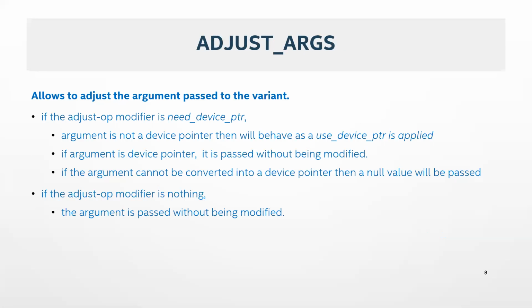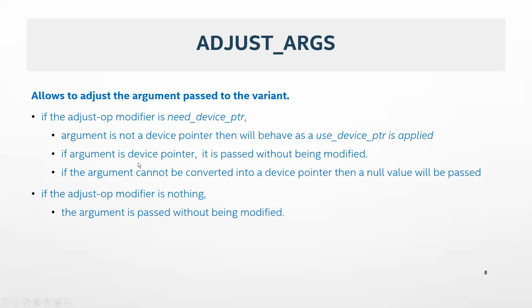Next is adjust args. Suppose you transfer some data onto the device, and now you want to pass that device pointer to your library. You have the ability to say adjust the argument and say that this argument I need to be a device pointer. So the way it works is, if the argument provided is a host pointer, we would translate it using use device pointer and look up and find the device pointer. So the device pointer will be passed.